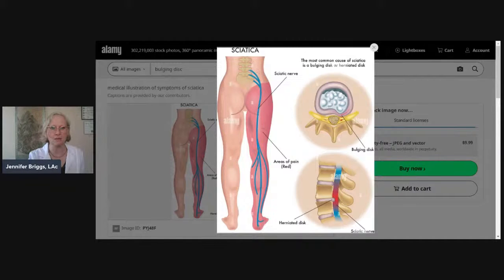If the compression was in the neck, you would get the whole arm with pain and numbness. So these pictures really make it easy to understand.